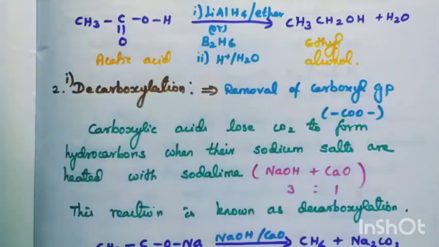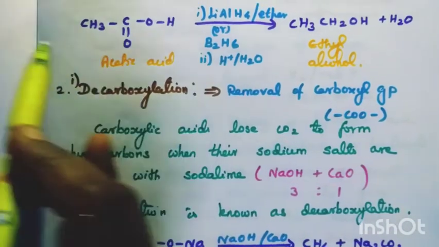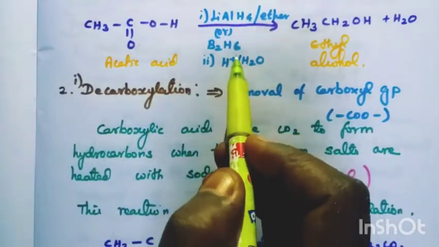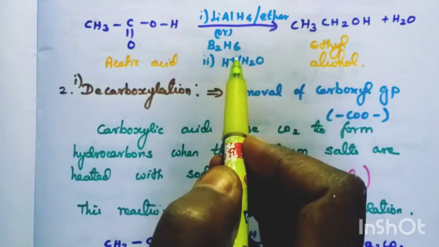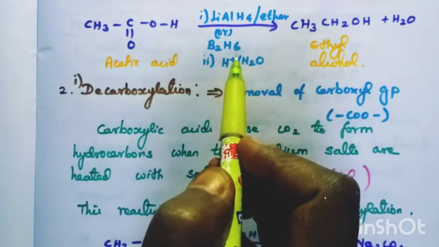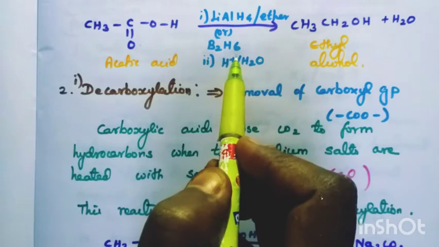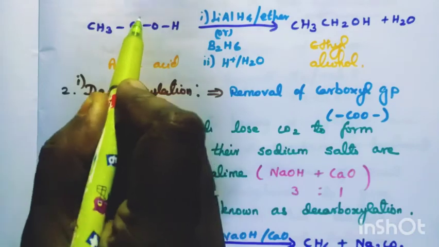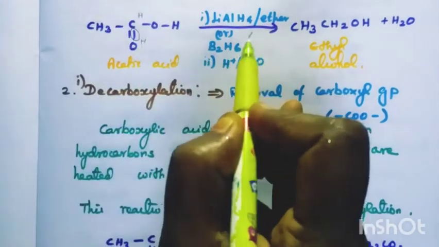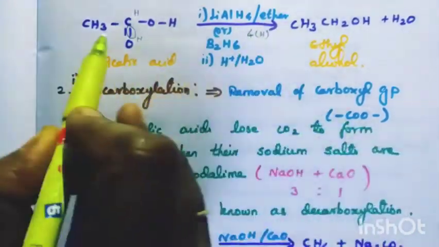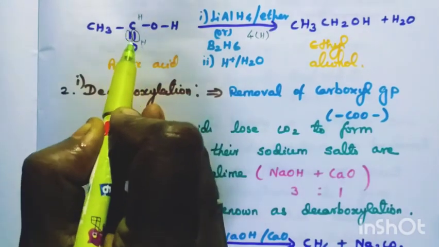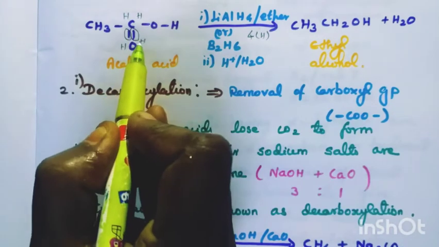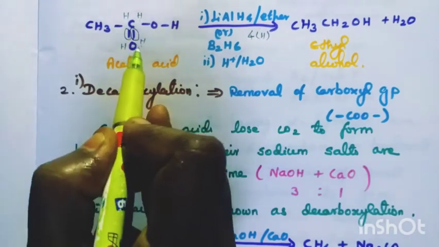Let's see the reduction reaction for acetic acid. The reducing agent here is lithium aluminum hydride or diborane. Reduction means addition of hydrogen. Where are we going to add the hydrogen? Remove one bond, add H. Reduction takes place with 4 hydrogen atoms. 2 hydrogens we added. Remove another bond, add H. If you remove any bond, you have to add an atom or group to the adjacent atom.